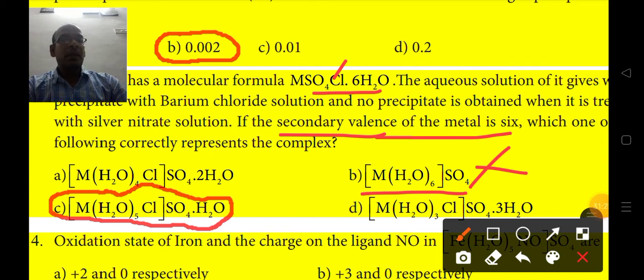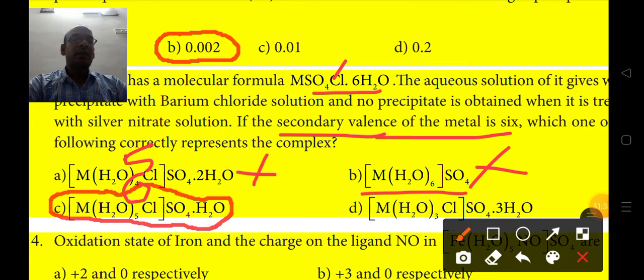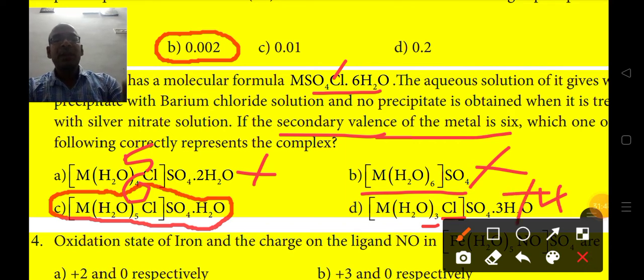In option A, coordination number 4 plus 1 is 5. Therefore option A is wrong. In option D, coordination number 3 plus 1 is 4. Therefore cancel out. Remaining one, the coordination number of option C is 5 plus 1, 6. Therefore we can easily solve using these 2 points.